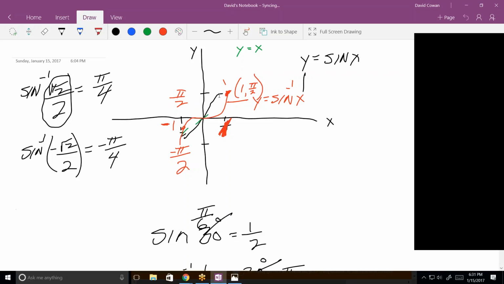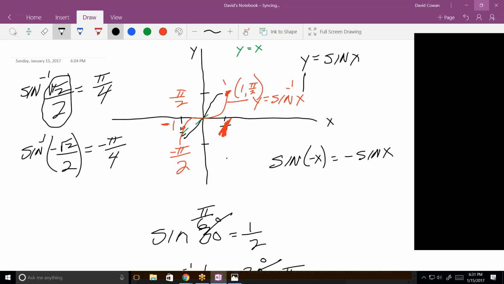Cosine does not. Cosine has symmetry about the y-axis only. And cosine is an even function. And even functions all have the property, let's go over this as long as we're talking about it. An odd function means that the sine of negative x is equal to the negative sine of x.